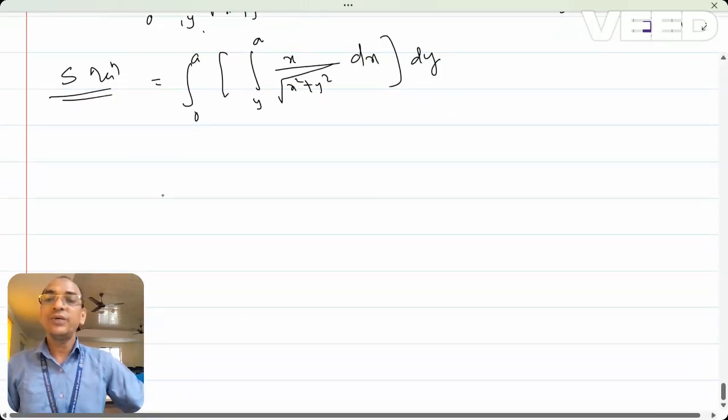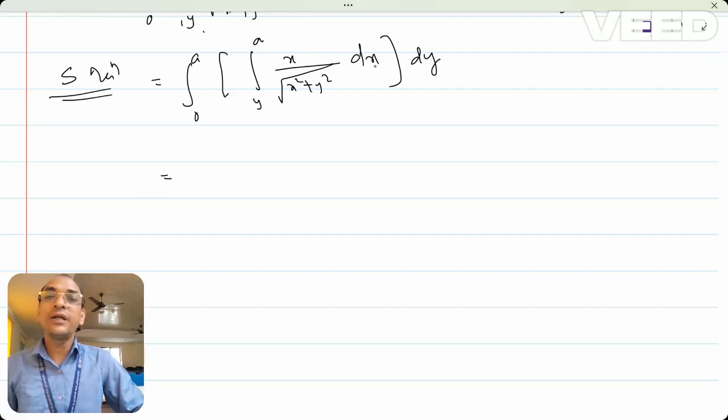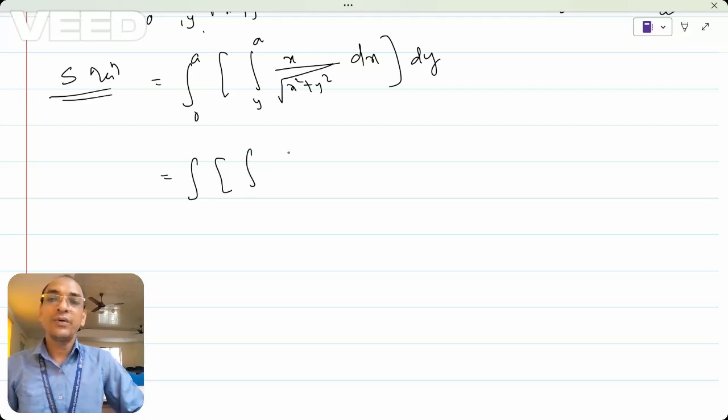Now, what we want is to change the order. Change the order means here inner was x, outer was y. So we have to make y inner and x outer. That means we don't know what the limits are. We want to make x by root over x square plus y square, with y inner and x outer.